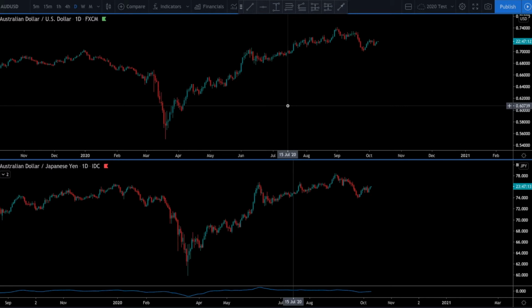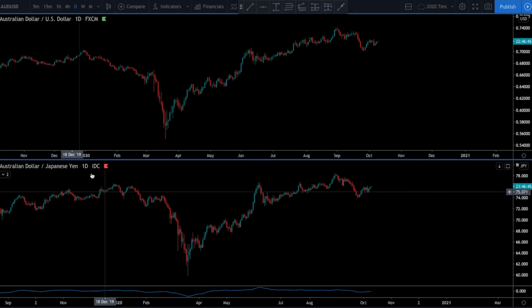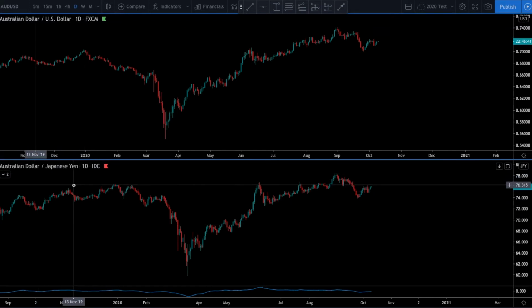And when you're making a watch list and scrolling through and switching to different pairs, sometimes it's easy to forget which ones are highly correlated, and you'll see two awesome setups and think, oh, I'm going to get into two trades, but if they're highly correlated, those trades are going to play out very similar. So this is, again, Australian dollar, US dollar, and Australian dollar, Japanese yen.